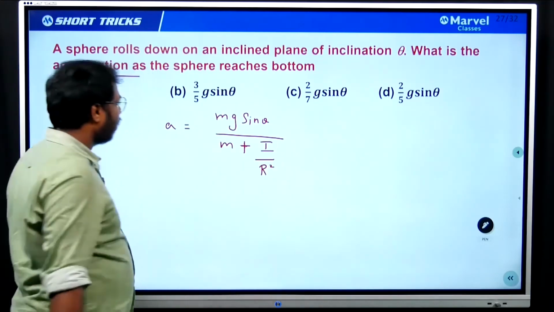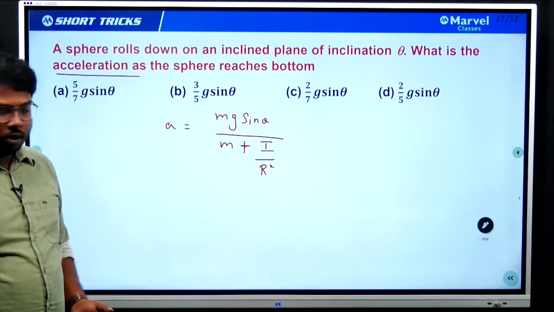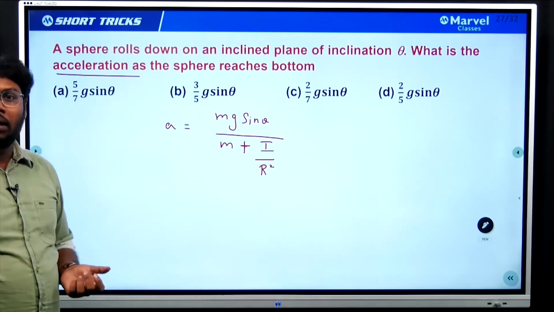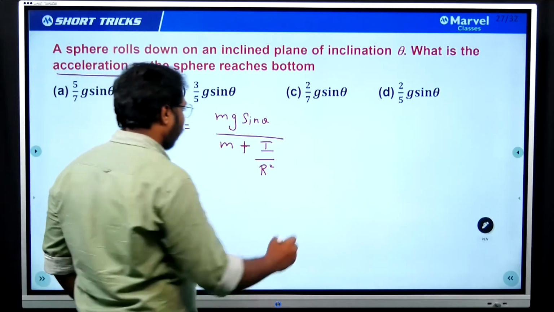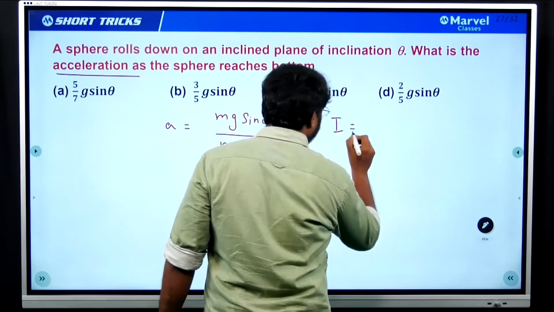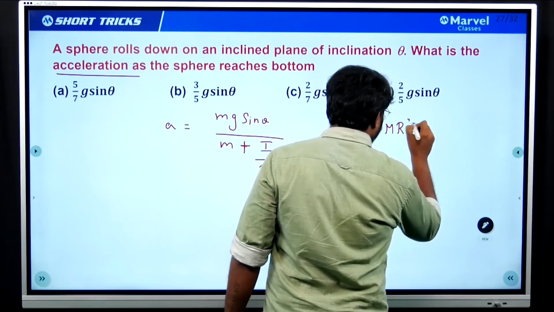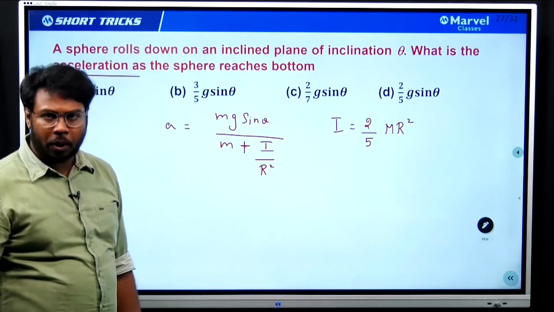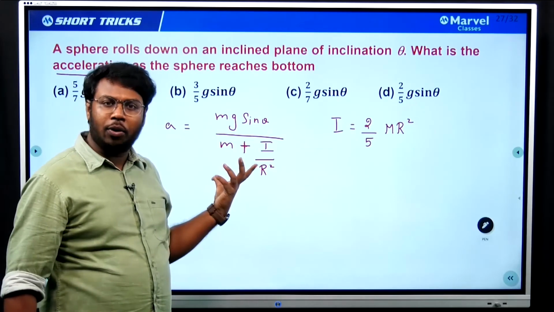So now I is nothing but the moment of inertia of the solid sphere. The moment of inertia of the solid sphere is 2 by 5 mr squared. If I just substitute that in here, you will directly get into the answer.